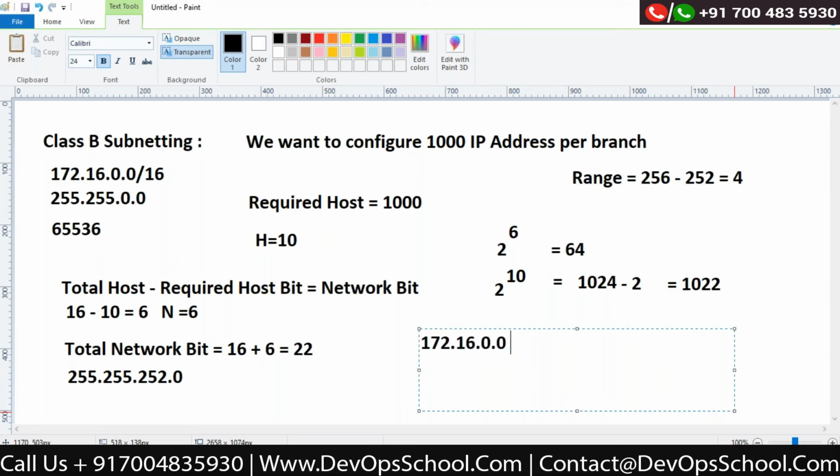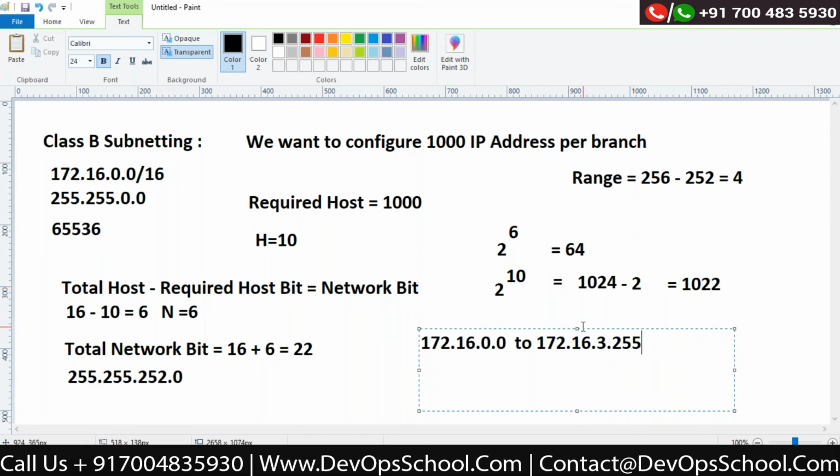172.16.0.0. This would be my first IP address, and the last IP address for my first network would be 172.16.3.255. So 0 to 3 means 4. It is a range of 4.